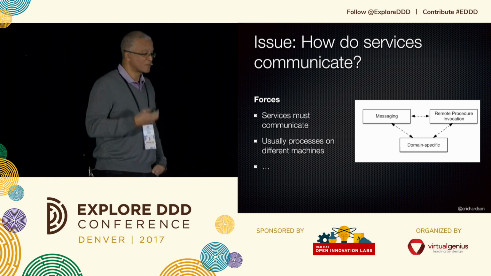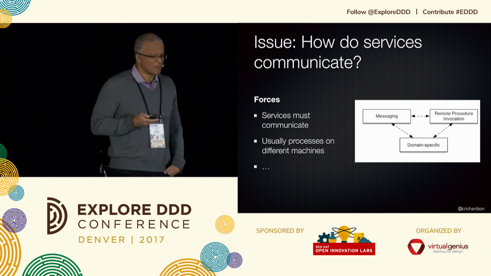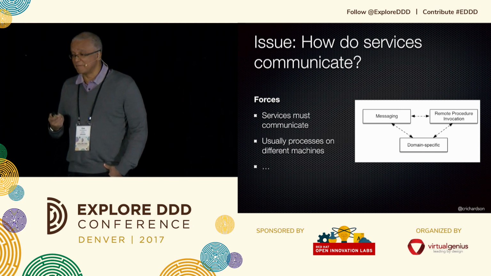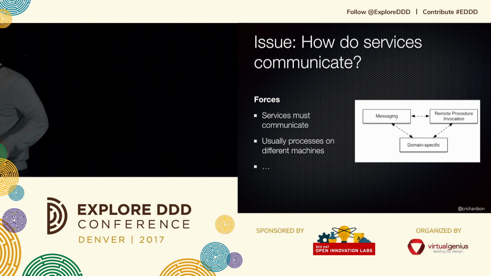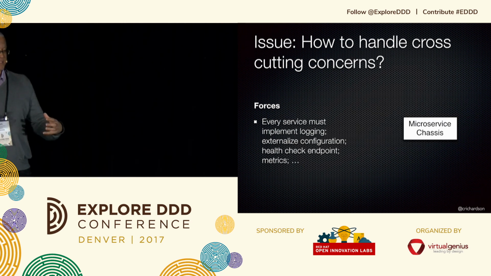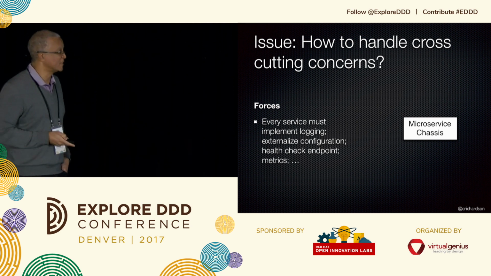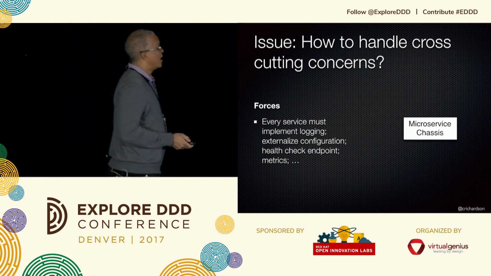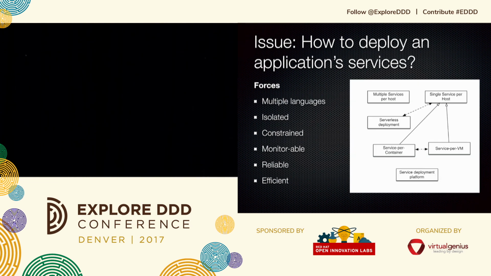You just use REST with the outside world. And even then, protocols like Google RPC are perhaps superior. You might need to build your services on a framework, like a microservice chassis such as Spring Boot, Spring Cloud, or the equivalent in some other languages. And then, of course, there's the deployment issue, and there are a lot of options.